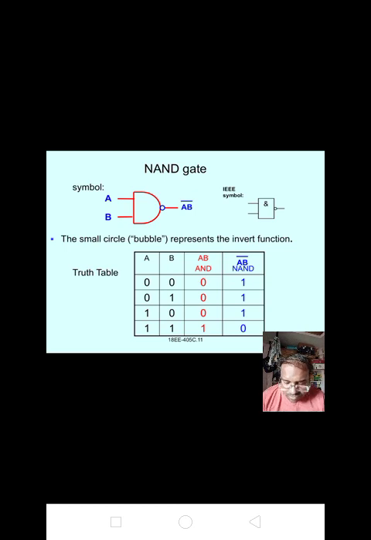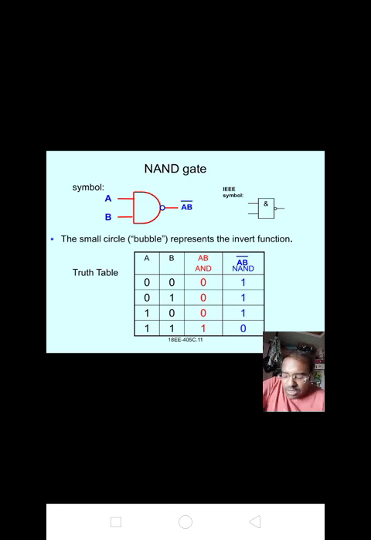Truth table. The small circle, or bubble, represents the invert function. In the truth table, A and B are the input variables.